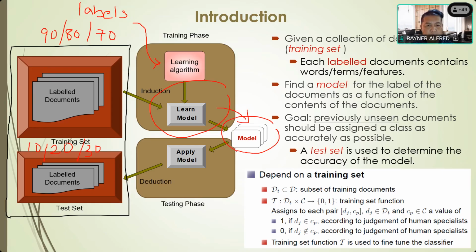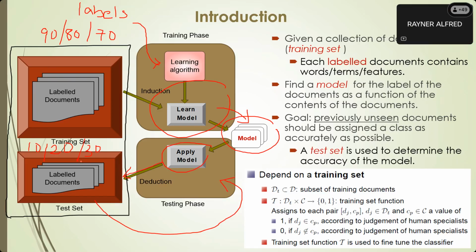Once you have the model, we apply the test set to validate the accuracy. So we apply the model, and then we check that we get the classification correctly identified. Okay, so that is the whole process that we have.